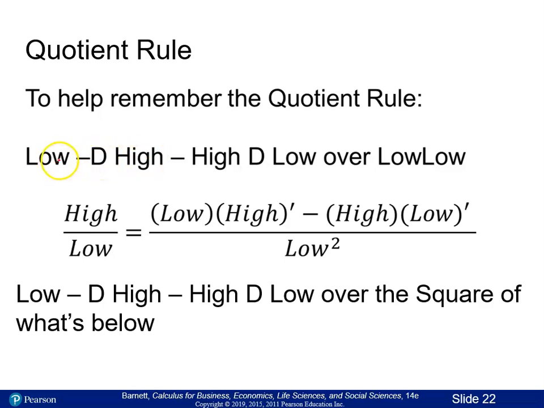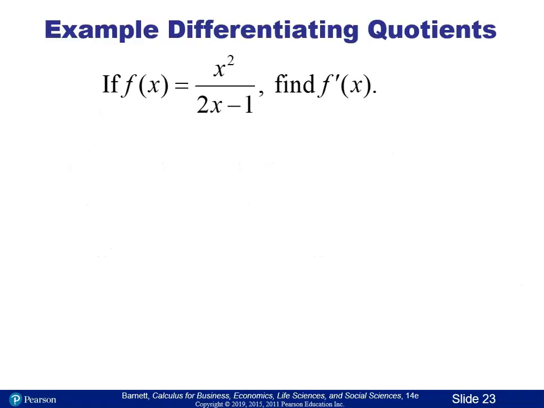So the lower one times the derivative of the upper one minus the upper one times the derivative of the lower one over the lower of two lowers, or low D high minus high D low over low low, or low D high minus high D low over the square of what's below. So, whatever works for you, go with it. That's the thing to remember it.